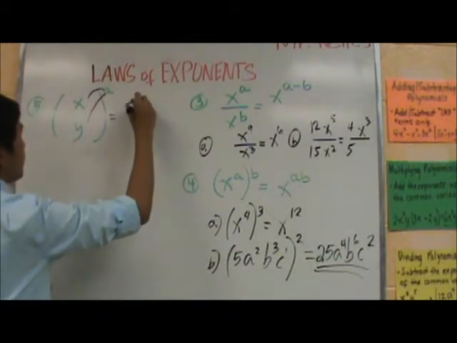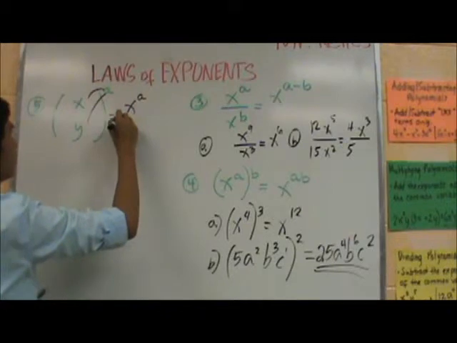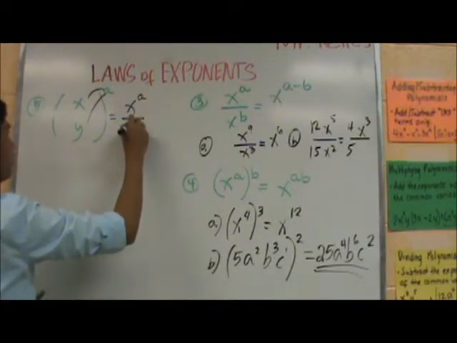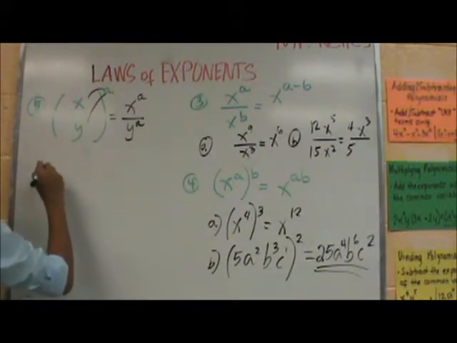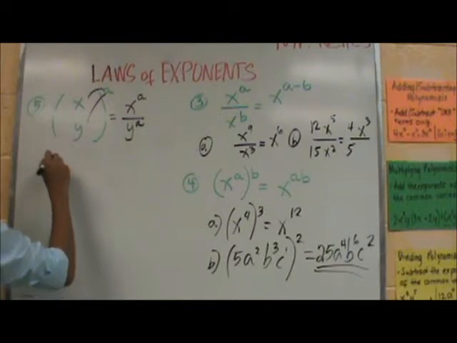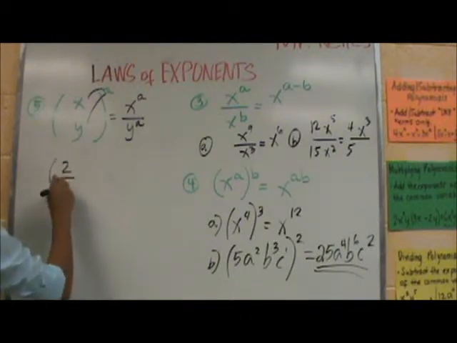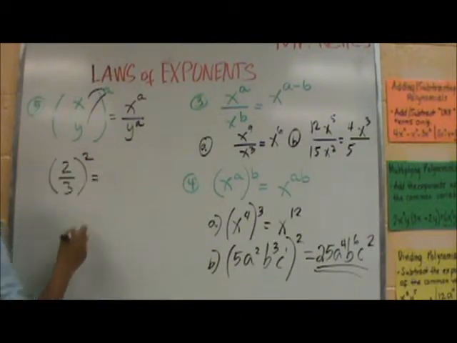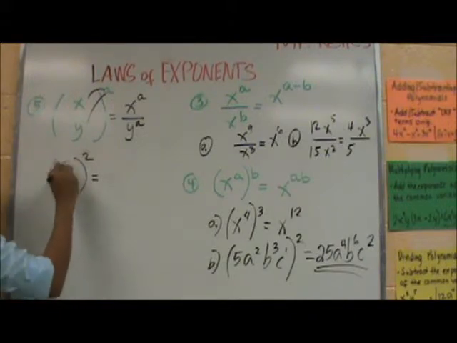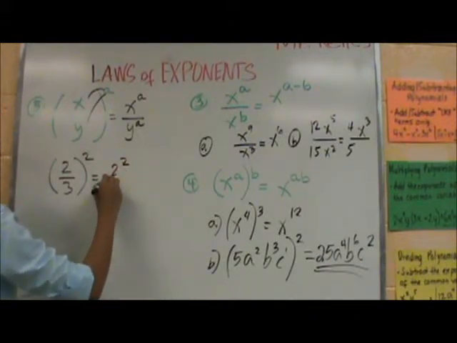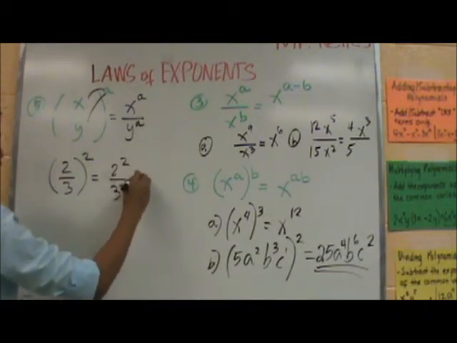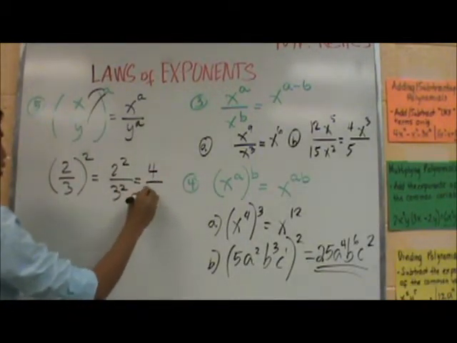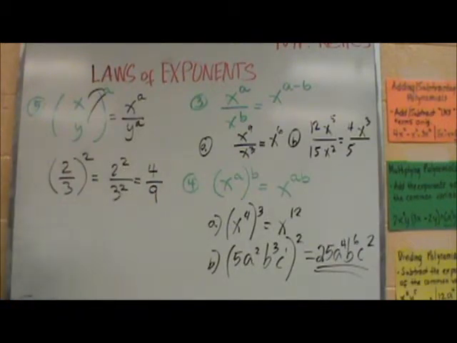That should give you x to the a power and y to the a power. Let's say we have 2 over 3 to the 2nd power. 2 to the 2nd, and then 3 to the 2nd, which will give you 4 over 9. 4 over 9 is the final answer.